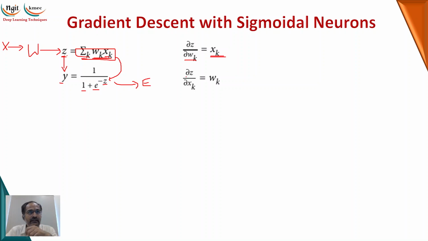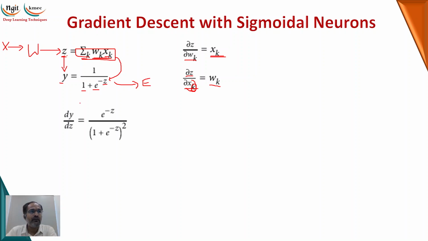And dou z by dou xk, with respect to x: all the terms involving x other than k will be 0, and only wk xk will remain, and deriving with respect to xk we get only wk. Okay, these are the basic formulas.